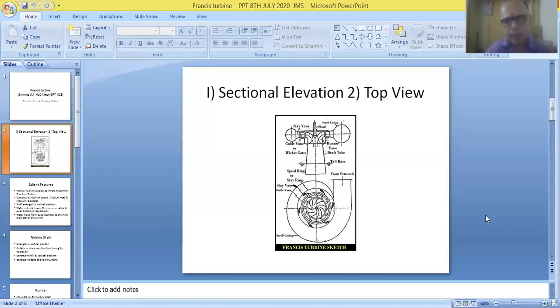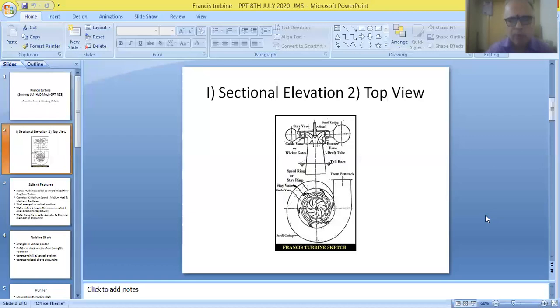Now, secondly, the pressure of water which is leaving the runner will be less than atmospheric pressure. So therefore, negative pressure will be developed at the outlet of the runner.